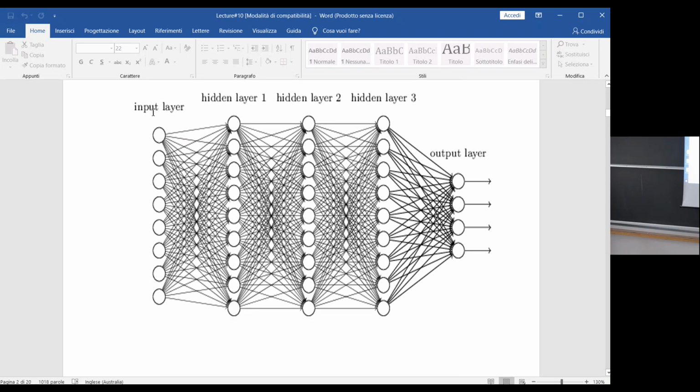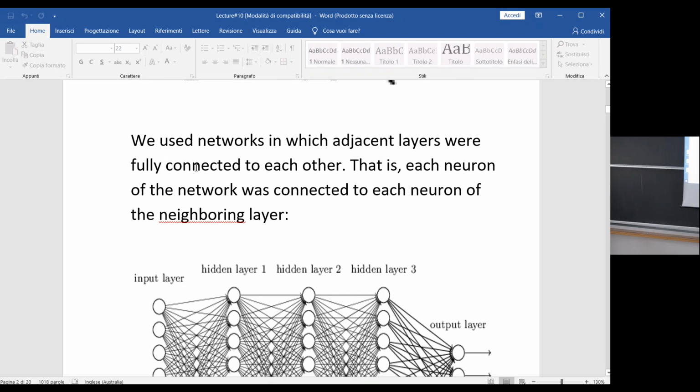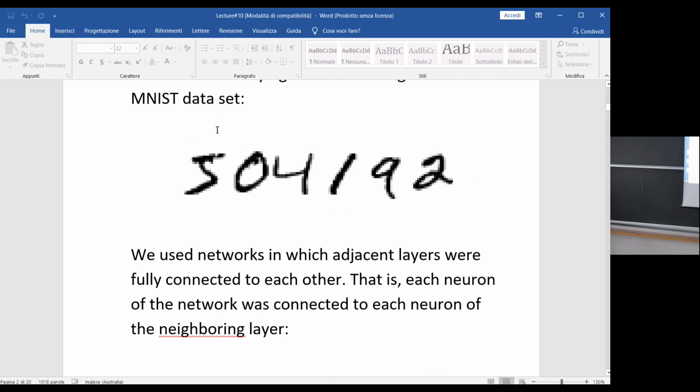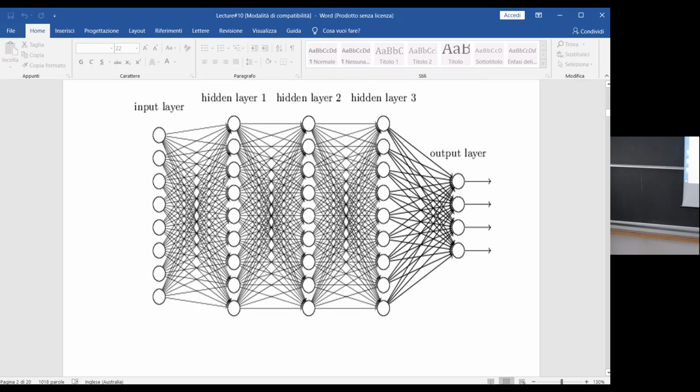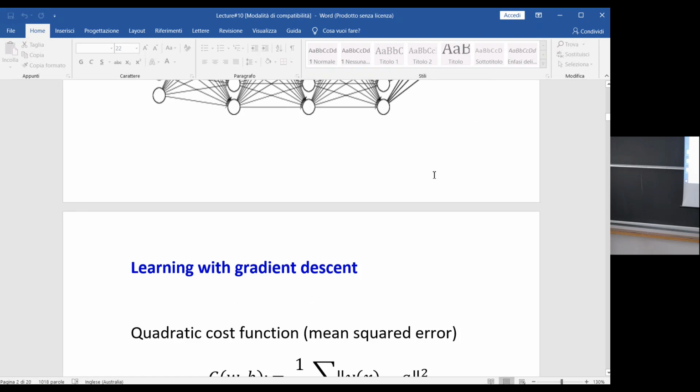So we have the input layer, yes, the pixels of our MNIST dataset. And we have our 10-neuron output layer, which corresponds to the weight of recognition. So it is the probability to be a certain symbol.